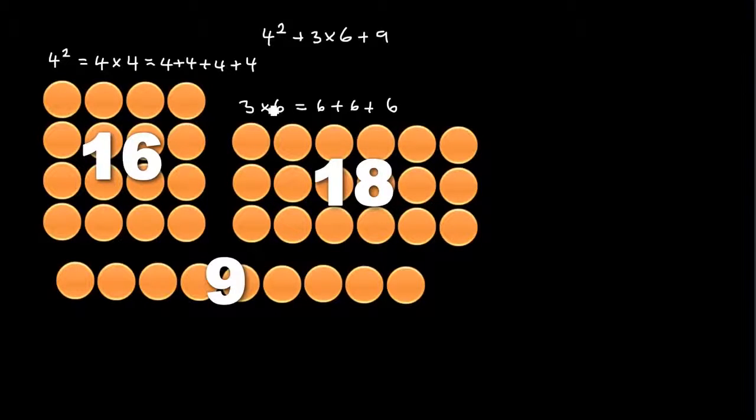So we've had to unpack this once, we've had to unpack this twice to get to what we've got down here. And the answer when we add all these together has to equal, well, we've got 16 add 18 is 34 and 9 is 43. So there is only one answer when we're adding things together if they're arranged like this, 43.